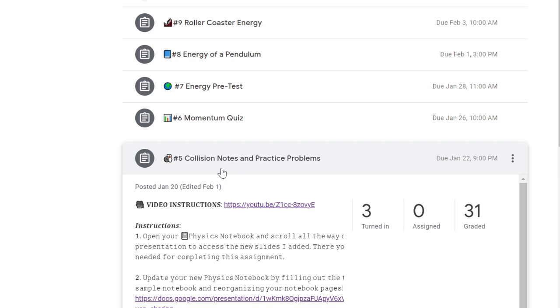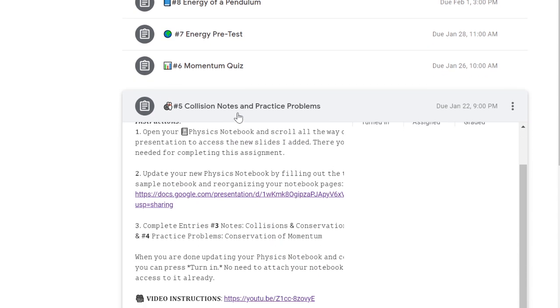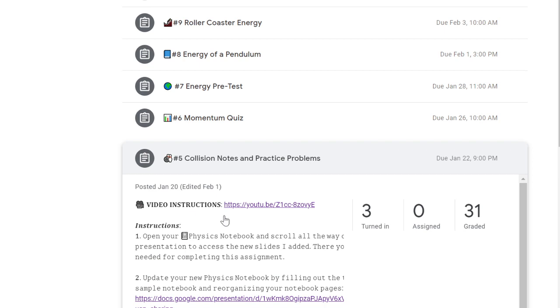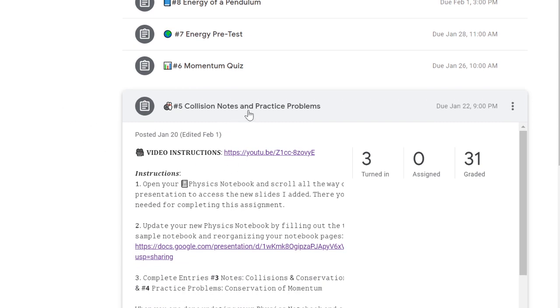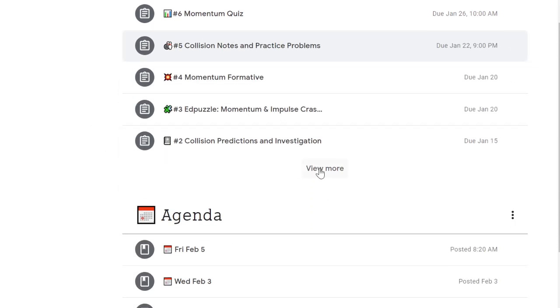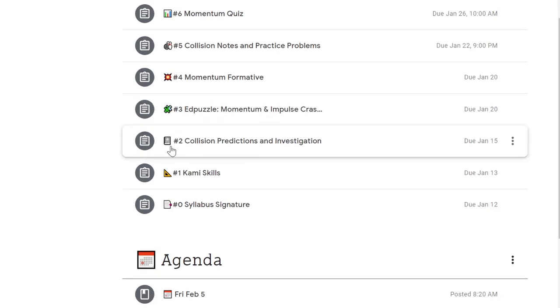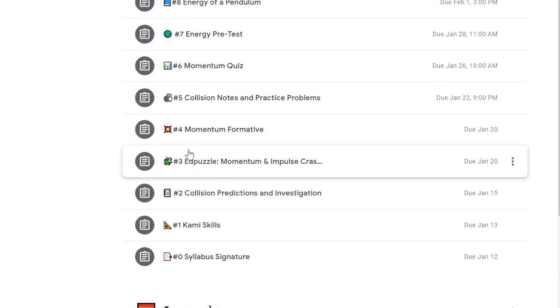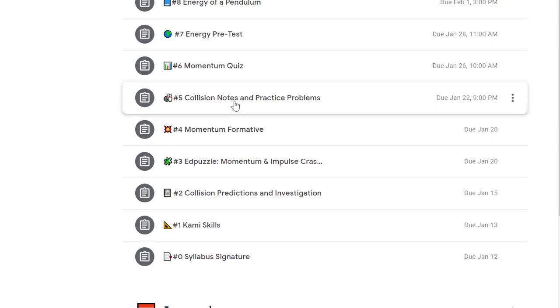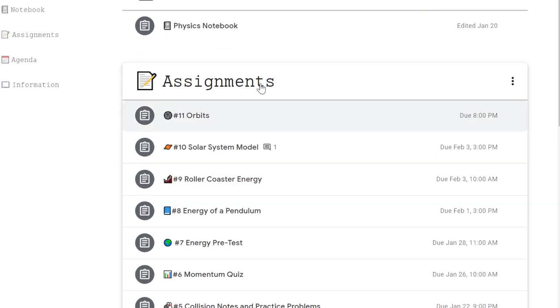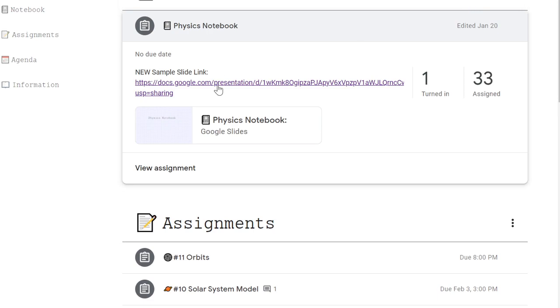I'll try to do something to help you stay organized with this, and anytime that you're supposed to put something in your notebook, I'll try to make it very clear. But the 2 assignments that have gone into our notebook as of now are assignment number 2 and assignment number 5. And that's it.